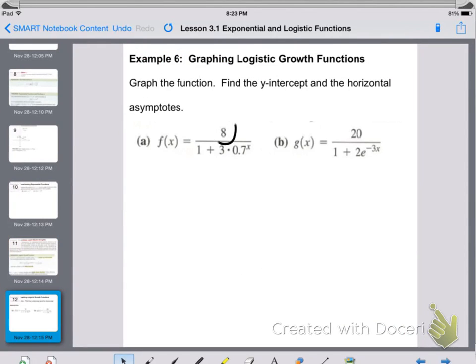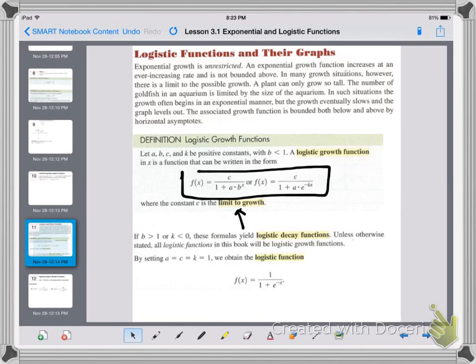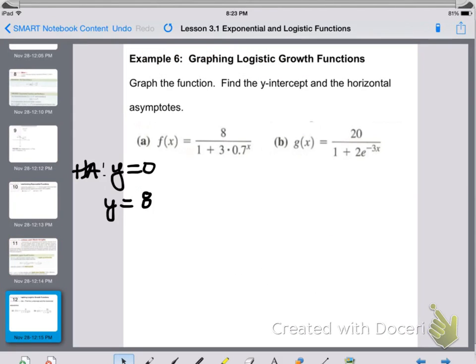What you're going to have with these logistic growth functions are two horizontal asymptotes. So let's write down those first. You're always going to have one at y equaling 0, at the x-axis, and then one at y equaling 8, where our 8 is our limit to growth.